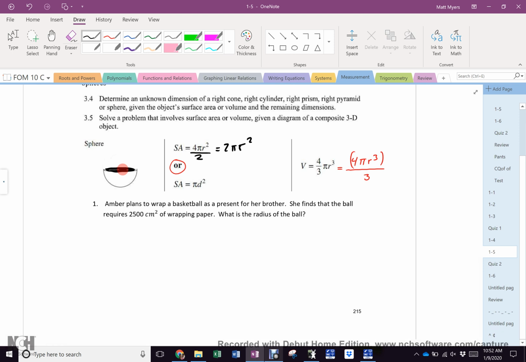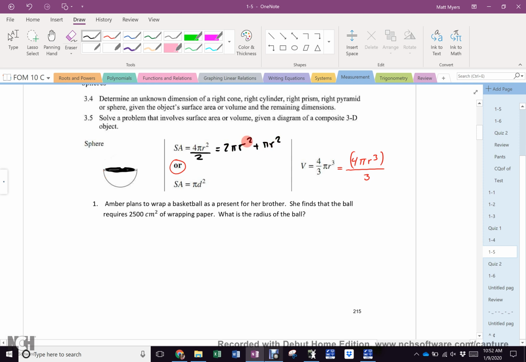Let's rewind. What do I have there? A surface, which means I have to add that surface, don't I? Because it's new. What is that surface? A circle. So I have to add another pi r squared.